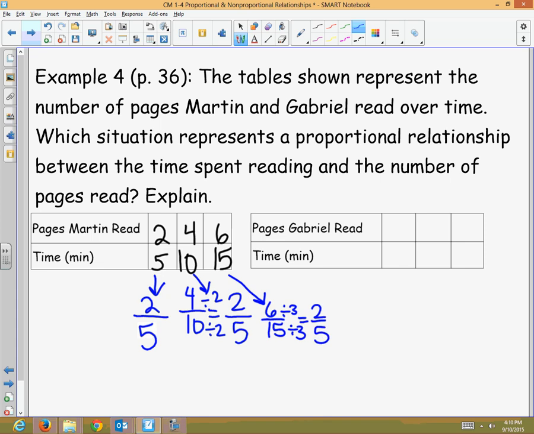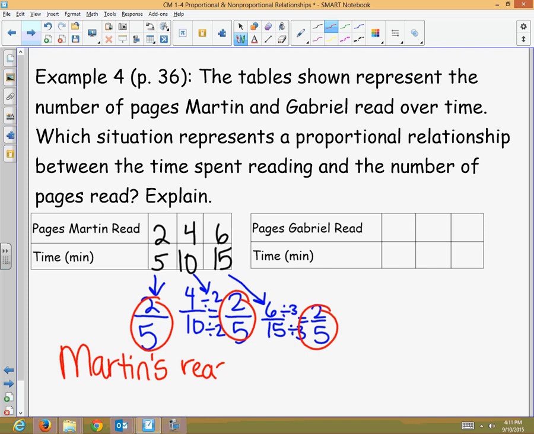So we can tell that since every single page and time reduces to 2/5, Martin's reading is a proportional relationship. And I'm going to explain that in a sentence.